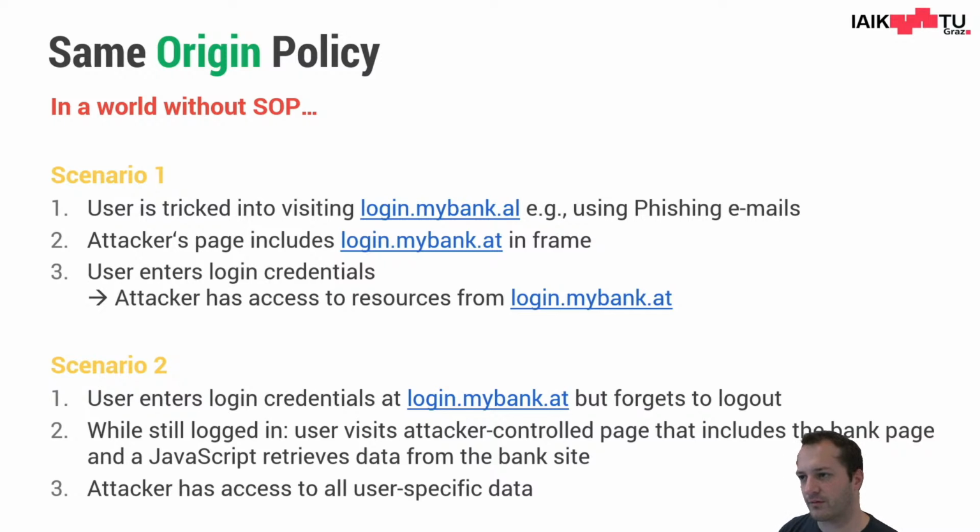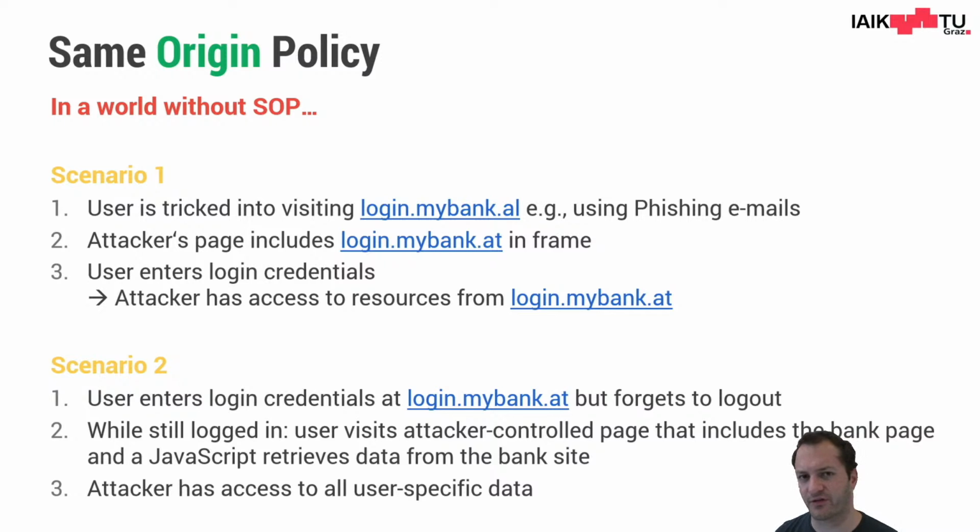In the first scenario, the user is tricked into visiting some website that looks very similar to the one he's used to, let's say a banking website, and instead of AT, the website features AL. Probably the user might just overlook this. You get the regular phishing email, which all of us are annoyed of, which requests you to update your login credentials. You click on that website.